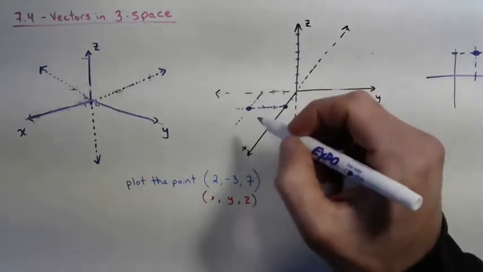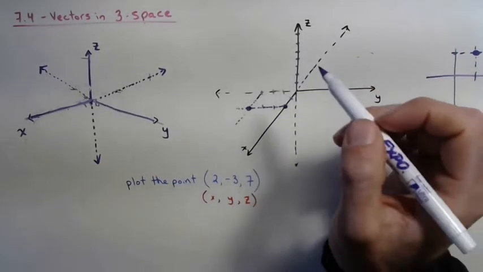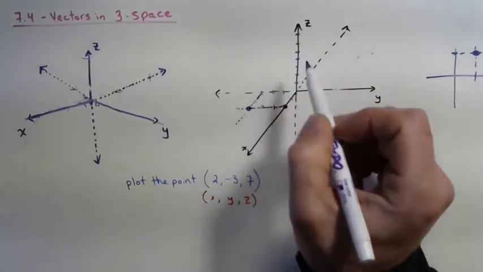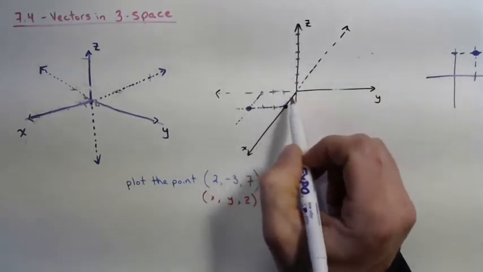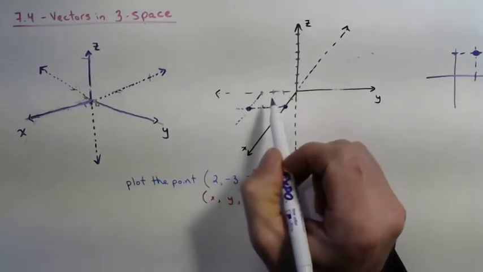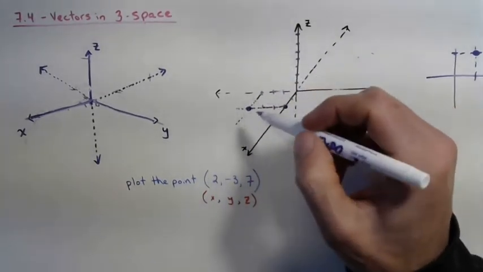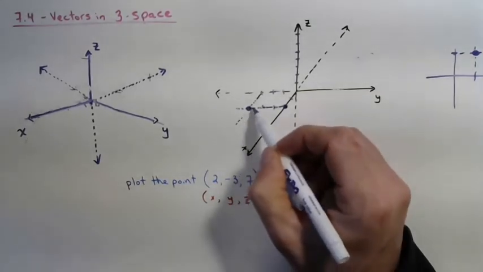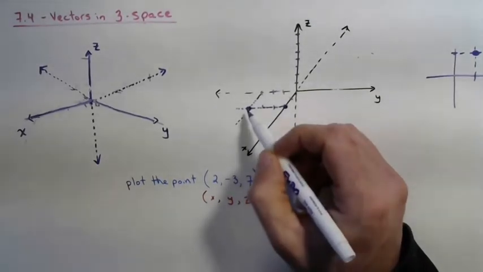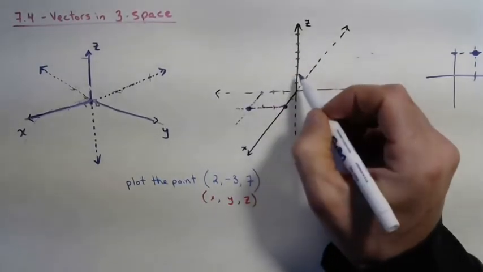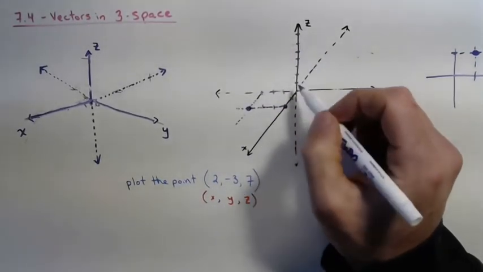There's a couple different ways you can do it, okay? I can take this across and represent my -3 on my y-axis, and I'd start to finish out my prism. But what I really want to do is, because this is now my first intersection of the xy plane, I want my +7 to come straight up from there, parallel to the z-axis.